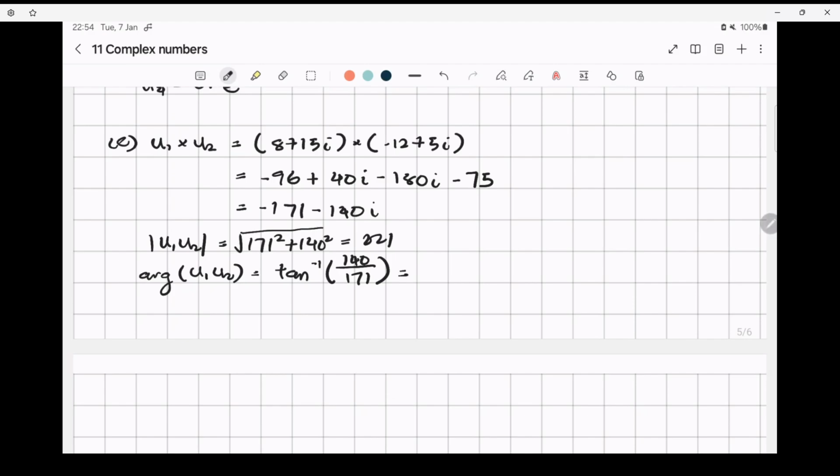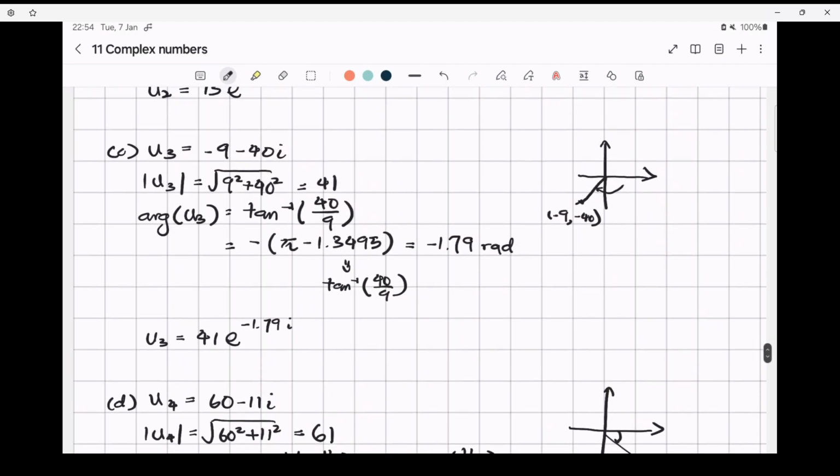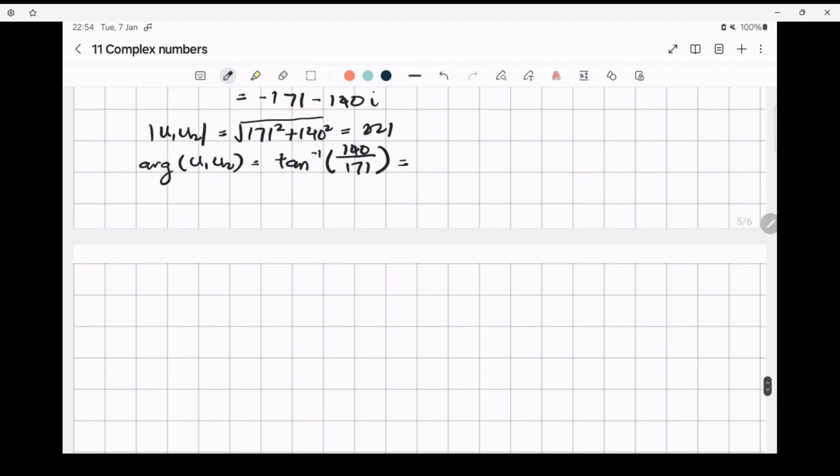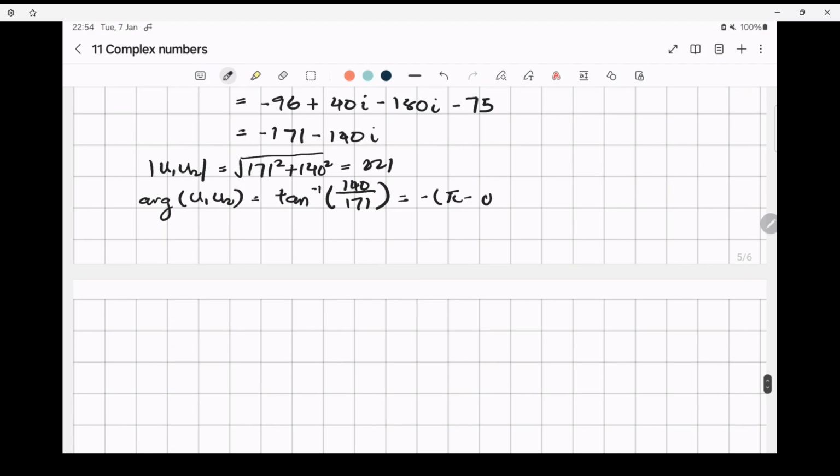So this is in the 3rd quadrant. That's why when you do something in the 3rd quadrant, you need to write minus pi minus 0.686. So this will give you minus 2.46 radian.